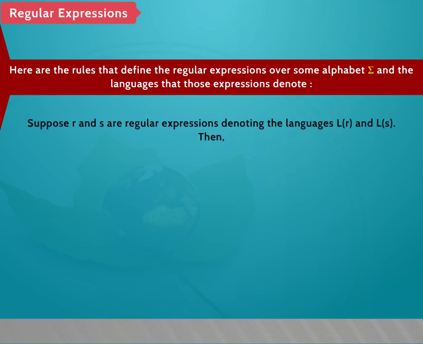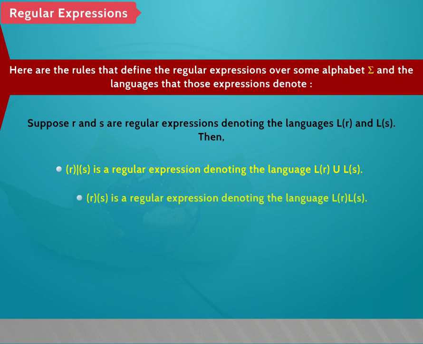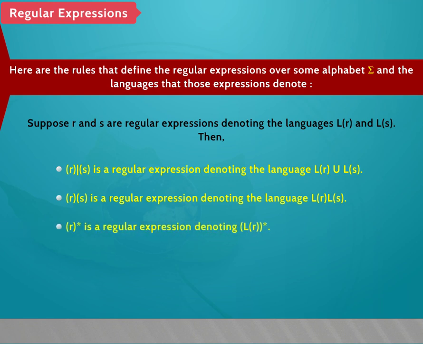Suppose R and S are regular expressions denoting the languages L(R) and L(S). Then R|S is a regular expression denoting the language L(R) ∪ L(S). RS is a regular expression denoting the language L(R)L(S).